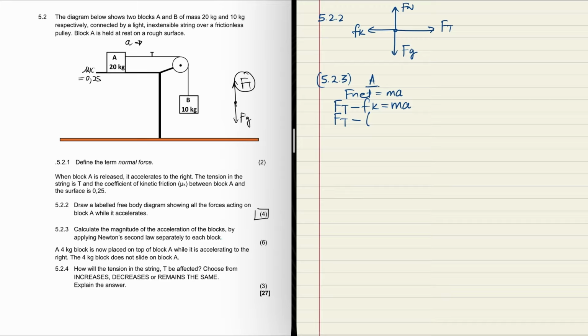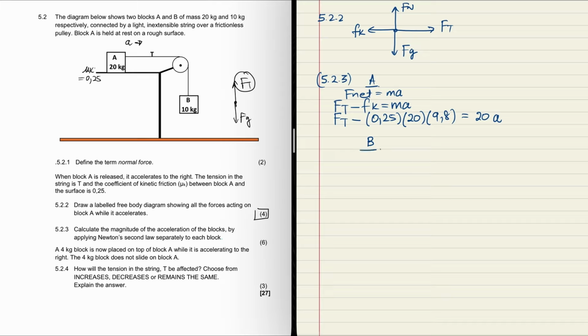Now mu k was given to us as 0,25, and the normal force is equal to the force of gravity since the object is not moving up or down. So force of gravity is going to be the mass, which is 20, times gravity 9,8. And that's going to equal ma. So the mass of the object is 20 and the acceleration a. Now it's clear we have two unknowns, and so we are going to need to do simultaneous equations.